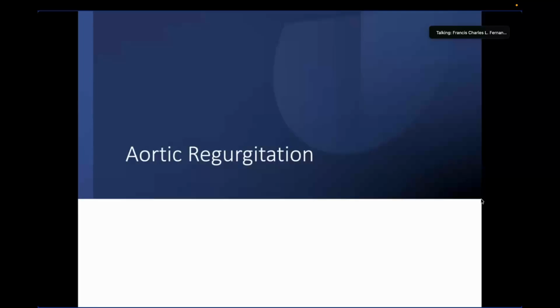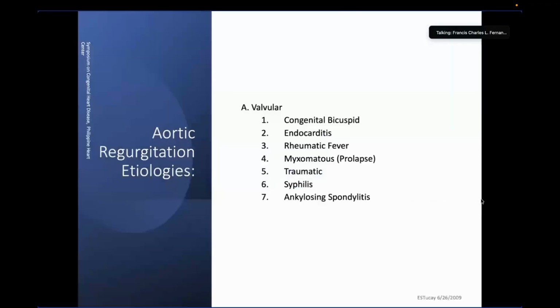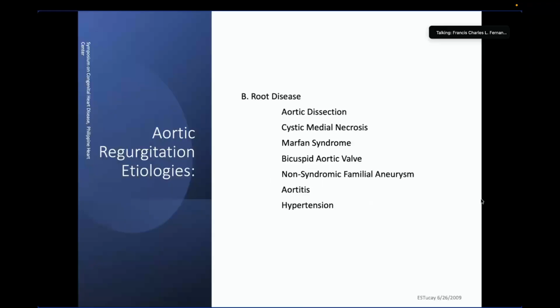So next would be aortic regurgitation. So they can coexist. You know, the causes may be valvular: either congenital, which we discussed earlier, endocarditis, rheumatic fever, which can progress to rheumatic heart disease, myxomatous, traumatic, syphilitic aorta, which extends beyond the root, ankylosing spondylitis.